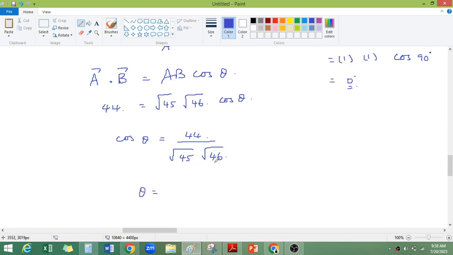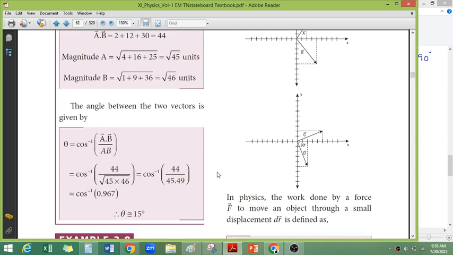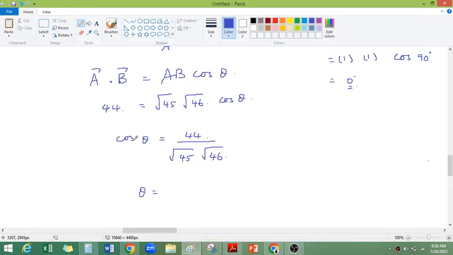Okay, so let's see what they have done in the book. Yeah, that's what they have done. So 44 divided by root of 45 into root of 46. So do the math. We cannot do this manually. So you can leave it like this.